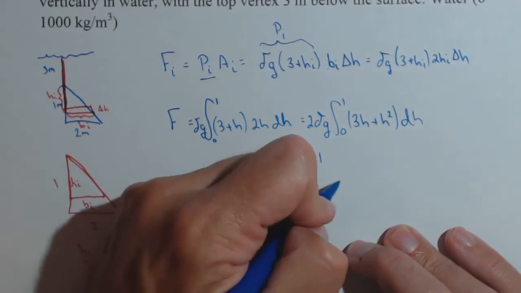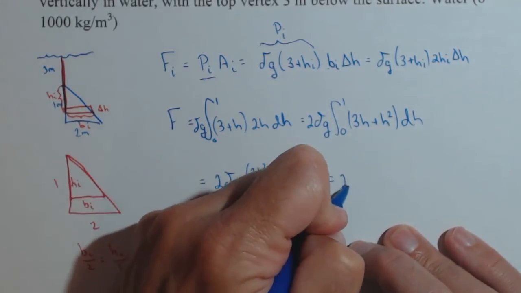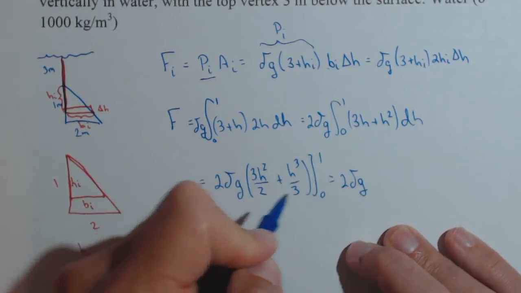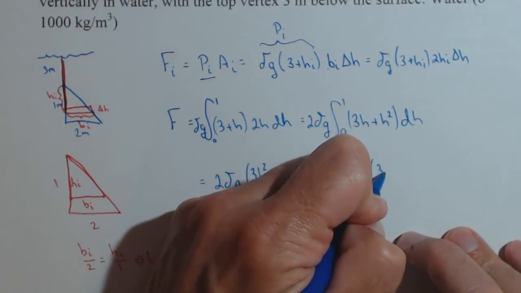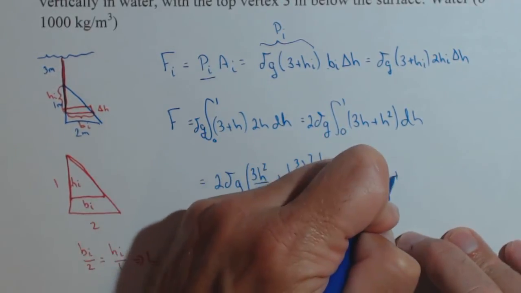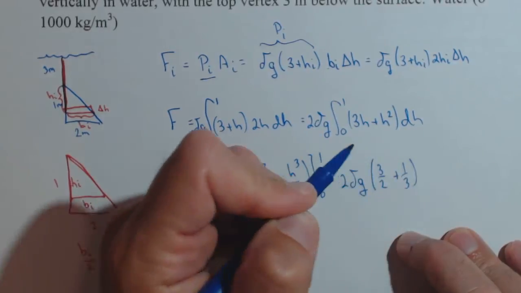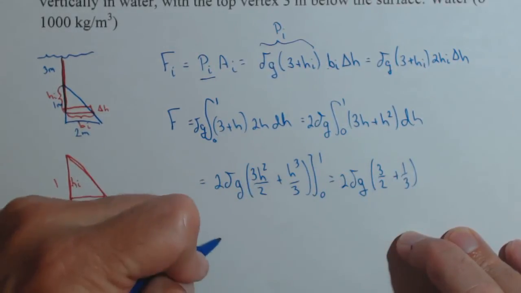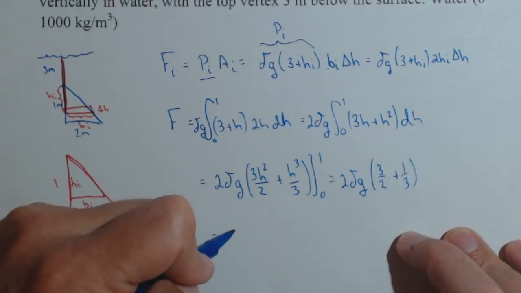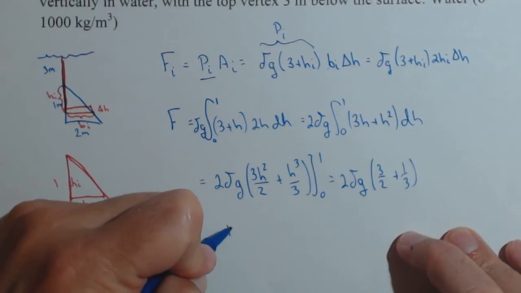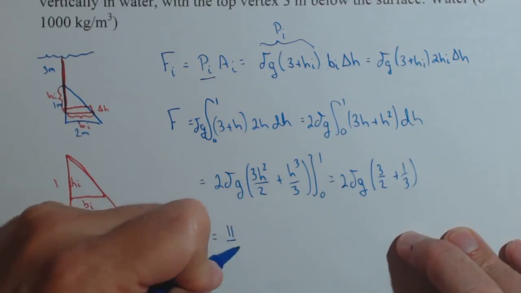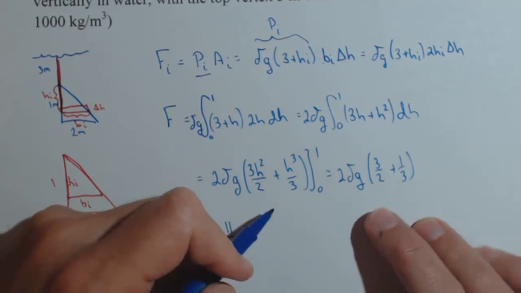Plugging in 0 will zero this whole thing out, so we're not going to worry about it. So 2 delta g times 3 halves plus 1/3. Finding a common denominator, and multiplying by the 2, we're going to get 11/3.